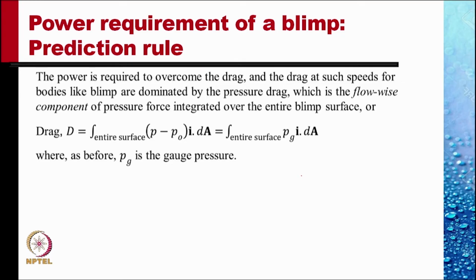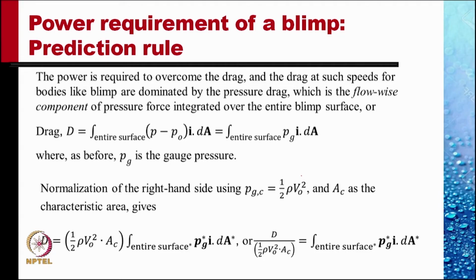I dot dA is the component of area in the x direction, multiplied with the pressure gives you the x direction pressure force. And this is equal to the integral over the entire surface of the gauge pressure multiplied by I dot dA. That is the area in the ith direction.